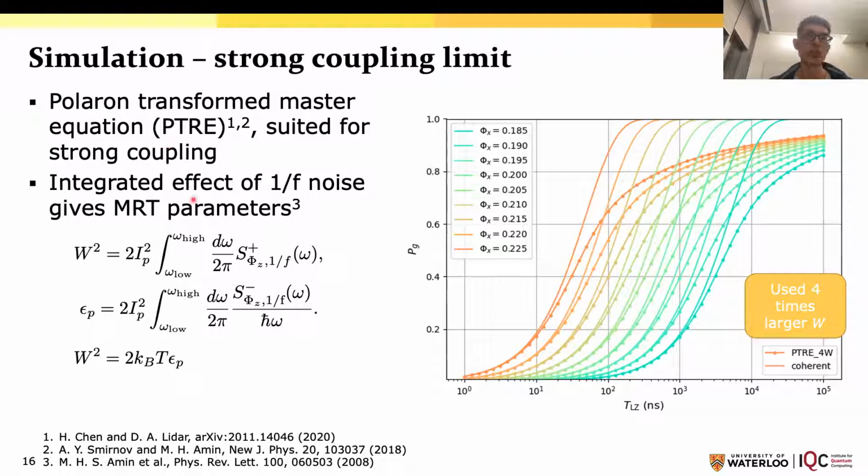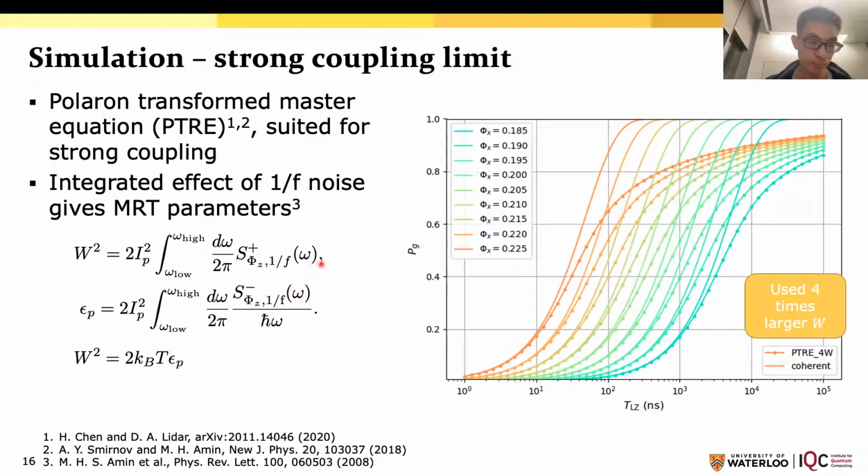For the polaron, the PTRE uses directly the MRT width and epsilon p, which we deduce from the 1/f noise.